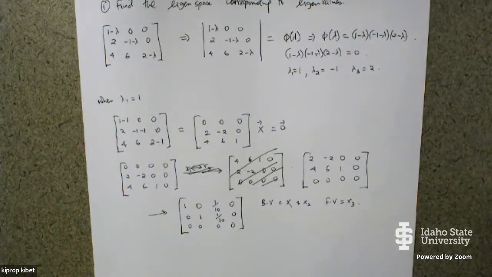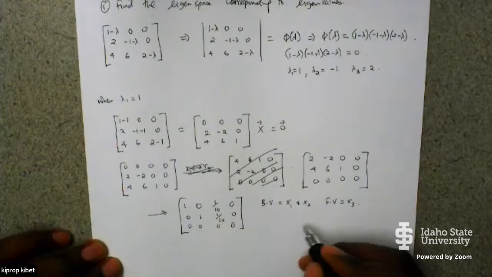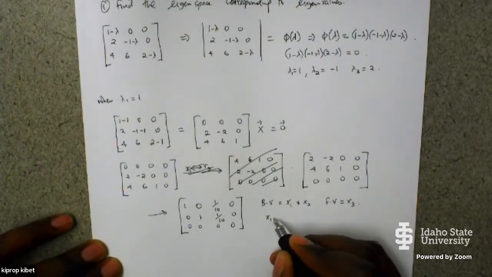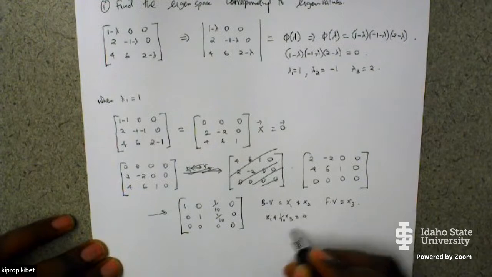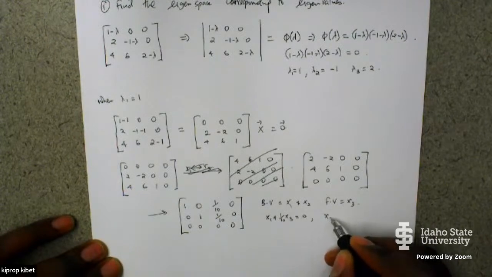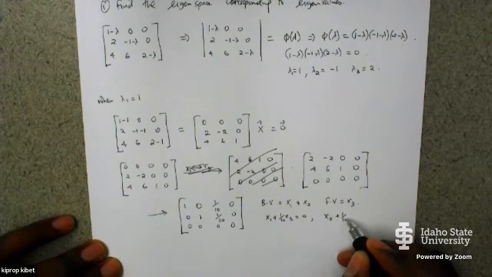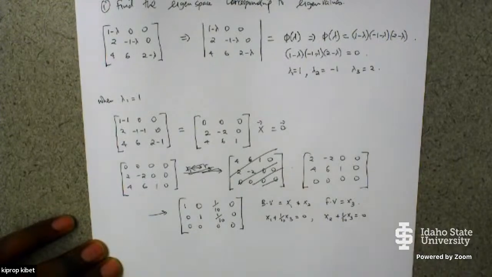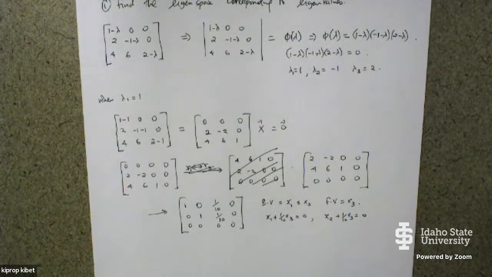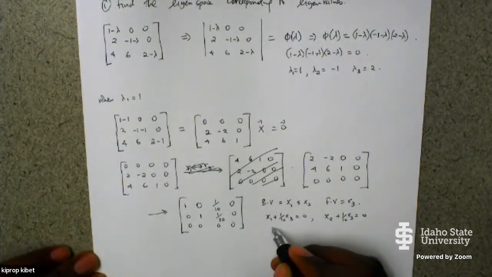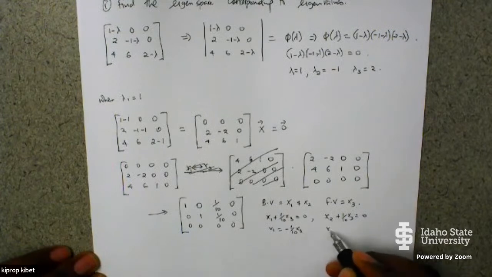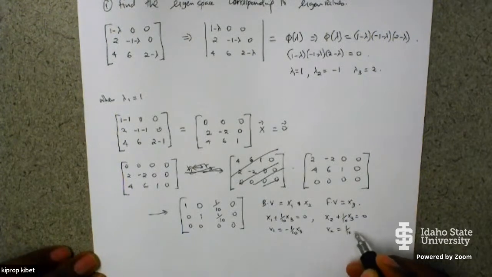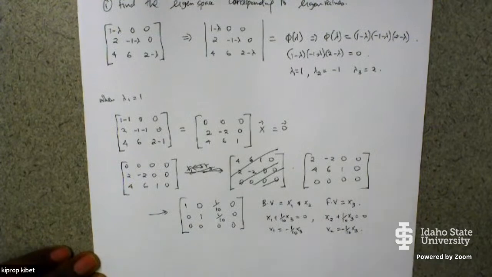Then x1 plus 1 over 10 x3 equals 0, and x2 plus 1 over 10 x3 equals 0. So our solution set is x1 equals minus 1 over 10 x3, x2 equals minus 1 over 10 x3.